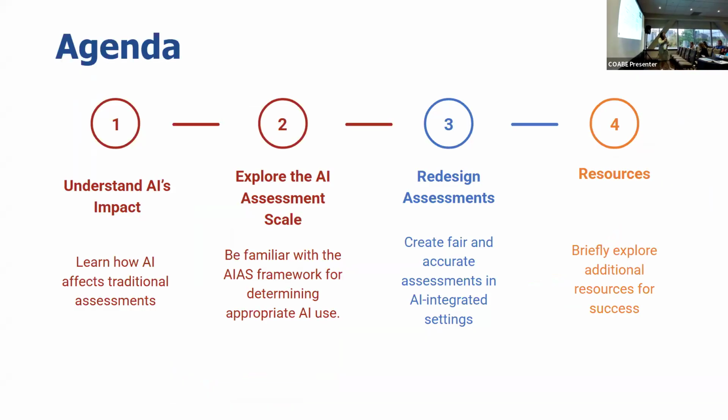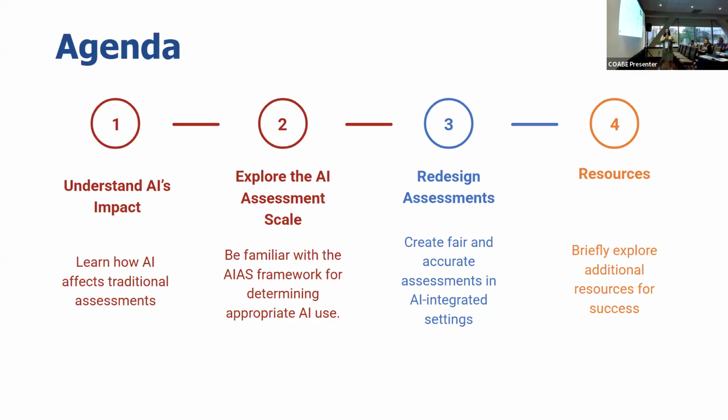Okay, so we have a few things on the agenda today. Everyone's here about AI, yeah? And what does that mean for assessments these days? A few things I wanted to touch on today. First, I want you to understand AI's impact, especially in adult education, and how that's affecting some of our favorite traditional assessments. Then we're going to lead into exploring the AI assessment scale.